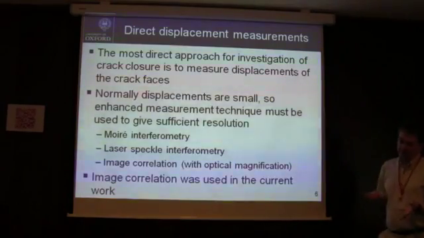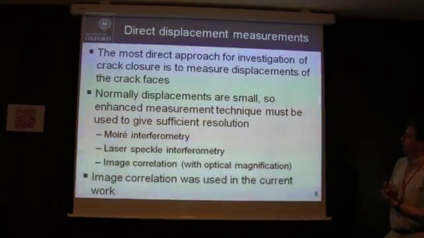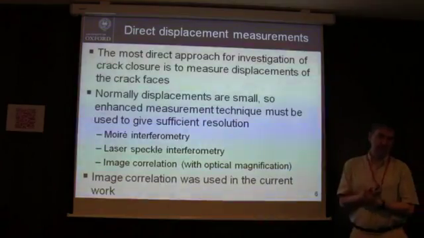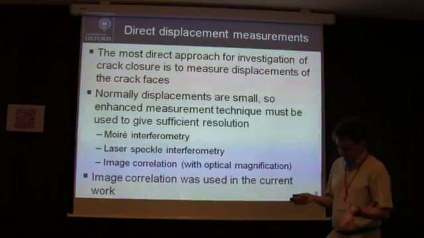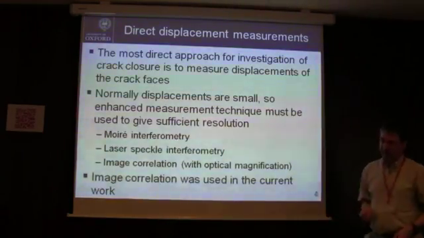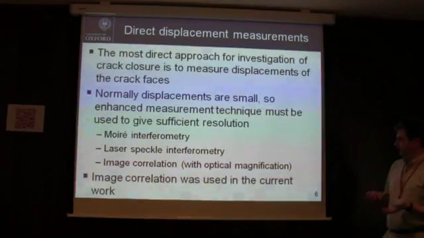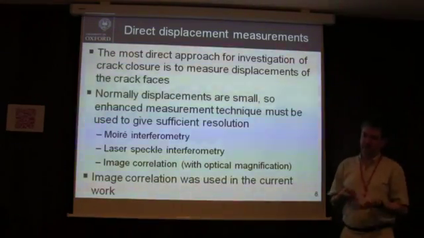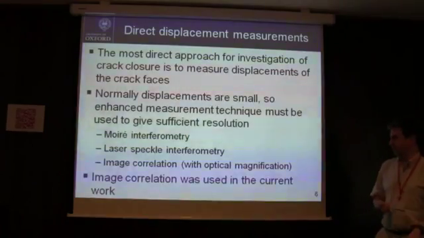Displacements, the most direct approach for investigating crack closure. What do we mean by crack closure? We mean that the displacements are such that the crack faces touch, and therefore the most direct way of looking for closure is simply to measure those displacements.